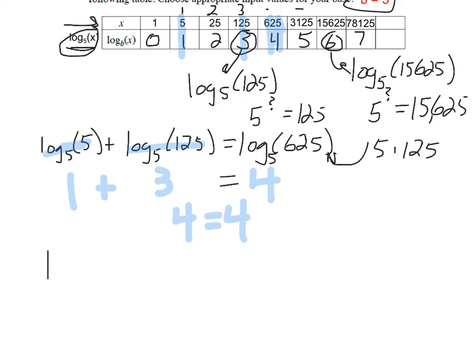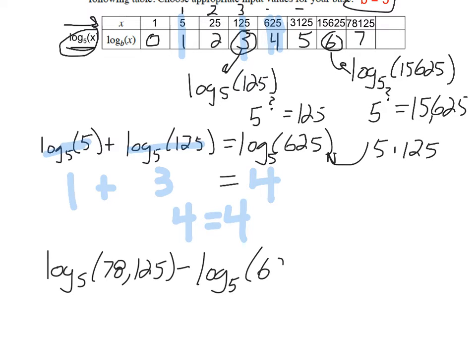What if we have the log base 5 of 78,125 minus the log base 5 of 625?